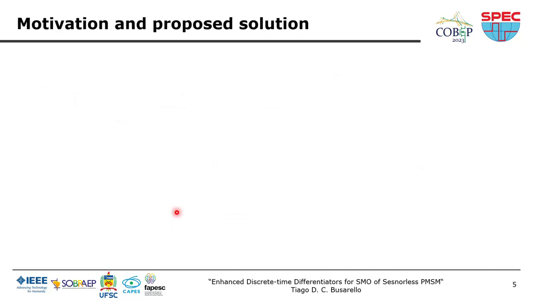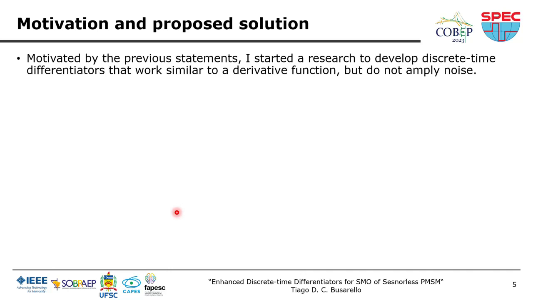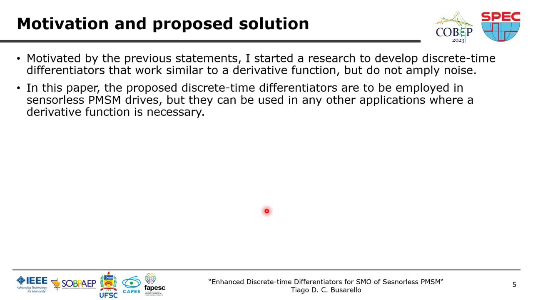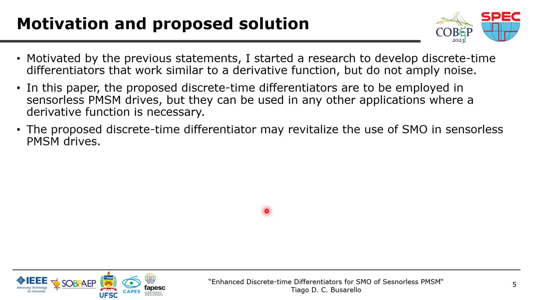Motivated by the previous statements, I started a research to develop discrete-time differentiators that work similarly to derivative functions but do not amplify noise. In this paper, the proposed discrete-time differentiators are to be employed in sensorless permanent magnet synchronous machine drives, but of course they can be used in any other application where a derivative function is necessary.